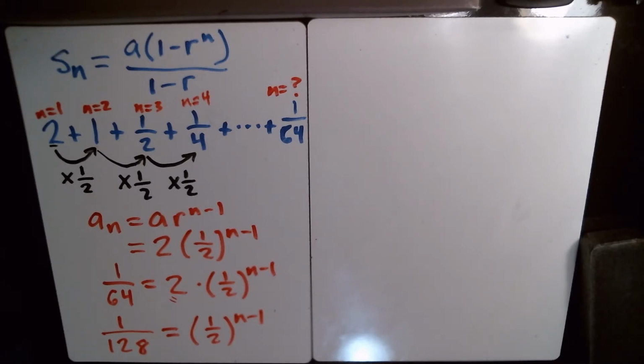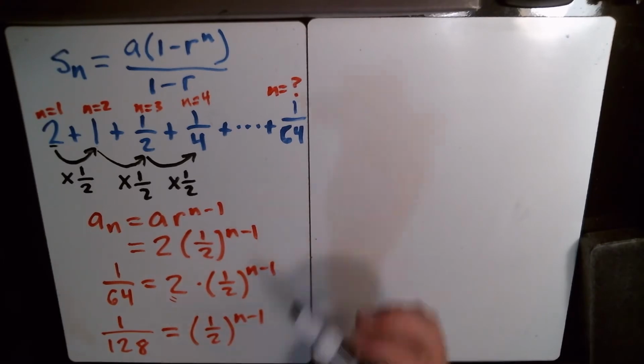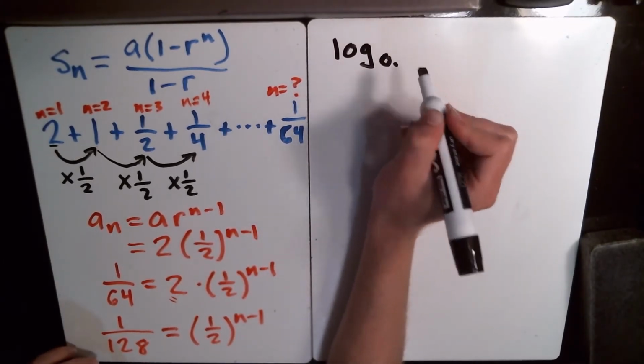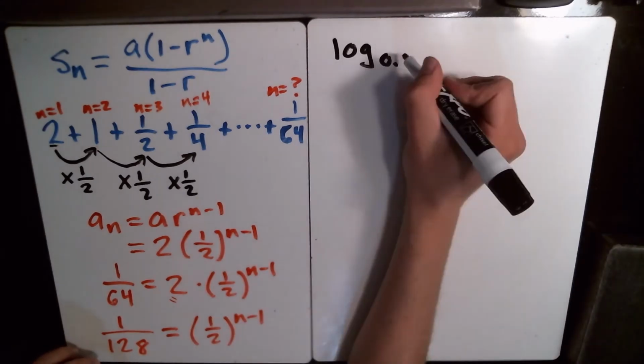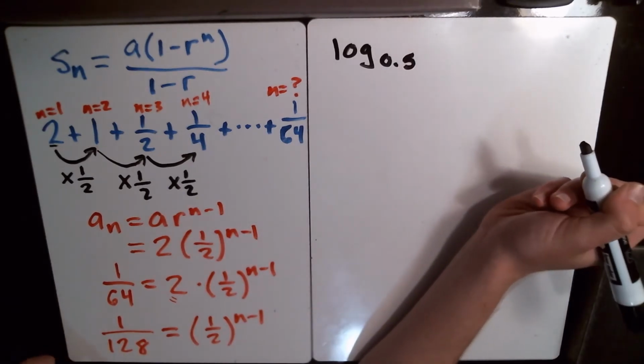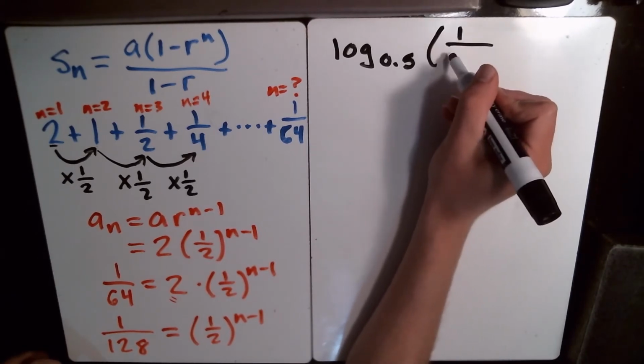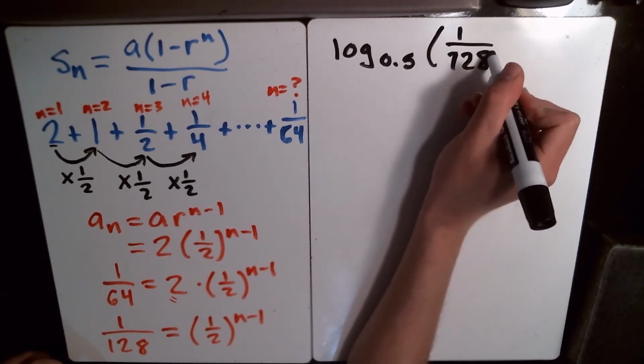The thing we want to find is in the exponent, so we can take a log of both sides: log base 1/2, or 0.5 if you prefer decimals, of 1 over 128.